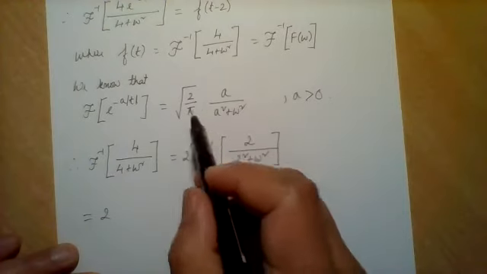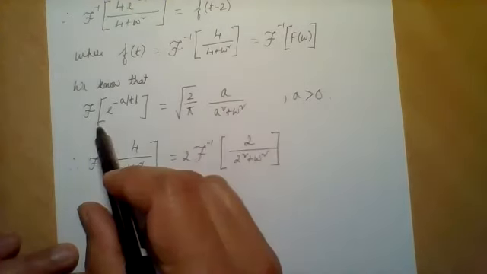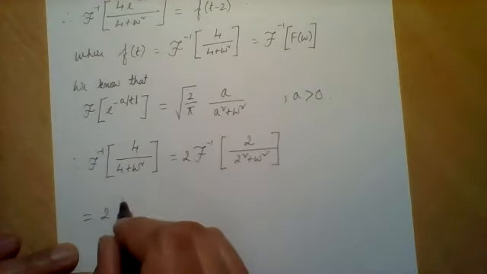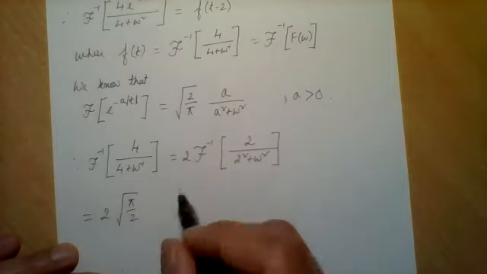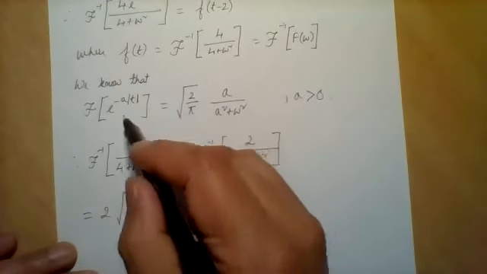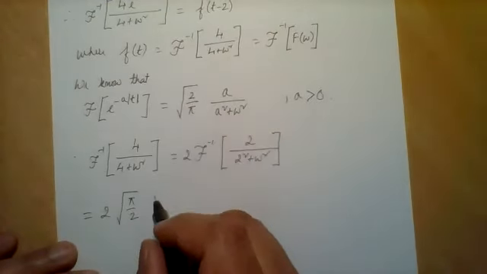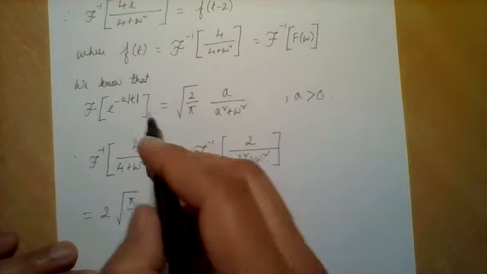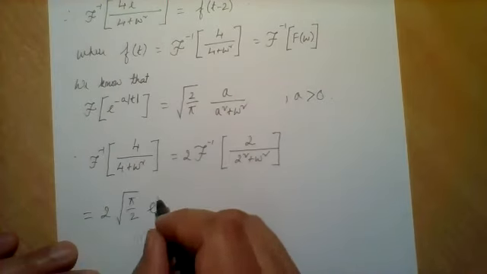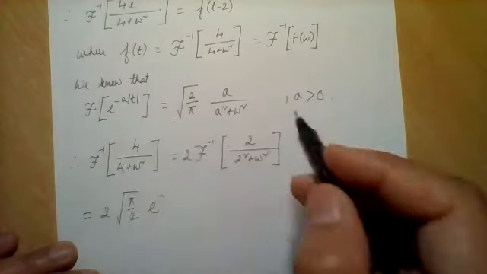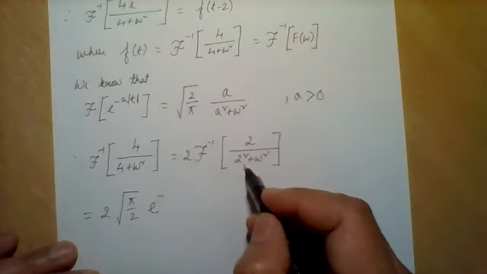From this expression, we see that the inverse Fourier transform of this would be equal to, this comes towards the left, like pi by 2. This 2 by root over 2 by pi will become root over pi by 2, and this will be e to the power minus a times modulus of t. What is a here? a here is equal to 2.